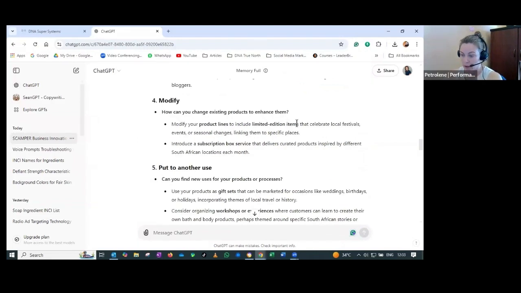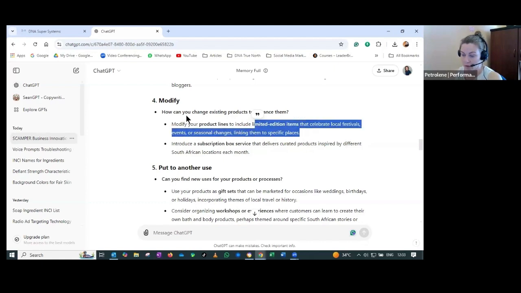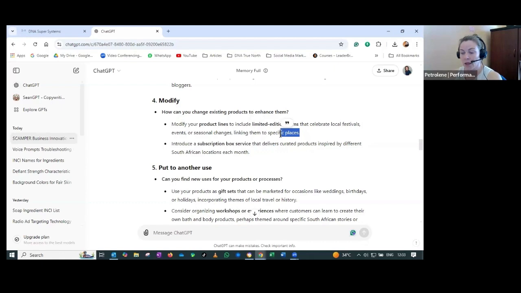Modify your product lines to include limited edition items that celebrate local festivals, events, or seasonal changes, linking them to specific places. This is something I can think of. The only reason why I don't have a process for releasing products and things like that is that I'm still trying to find my feet in integrating my bath and body business with my performance consulting business.